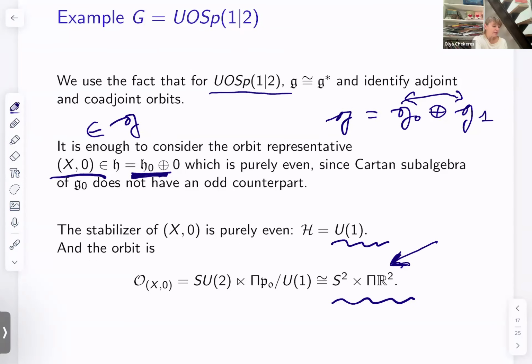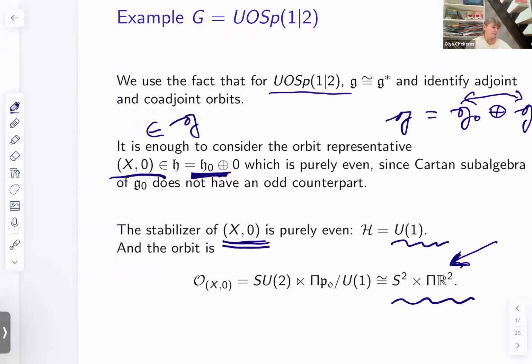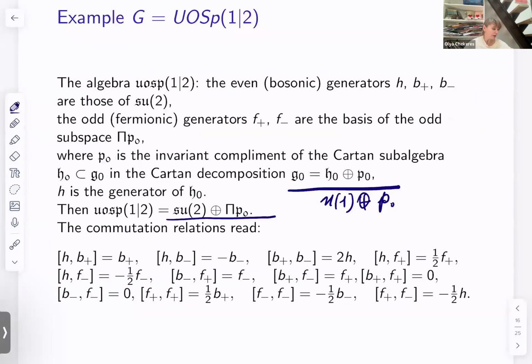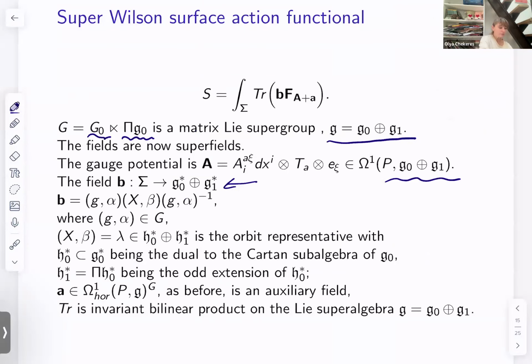So this is enough, because as I mentioned, we are looking at the elements here which take values in the direct sum of the dual to the Cartan subalgebra and its odd counterpart.